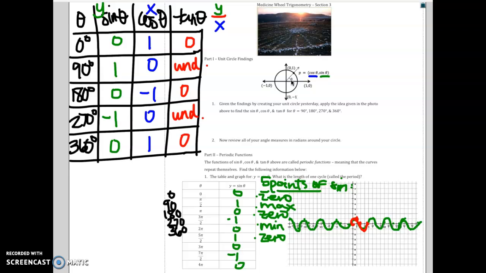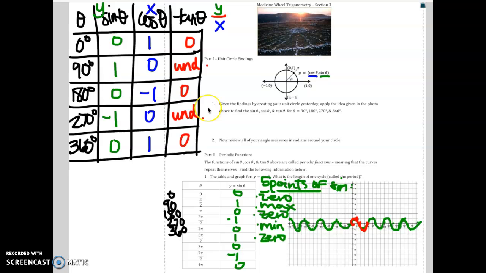Okay, so as we're going around the circle, any point on that unit circle, instead of being just x comma y, we know that the x value is equal to the cosine of theta, because if we drew a triangle down right here, we would have side adjacent is the x value over hypotenuse, which is just 1. And then for sine, it would be the side opposite, which is the y value, over the hypotenuse, which is 1, because it's a unit circle, and that's also the radius.